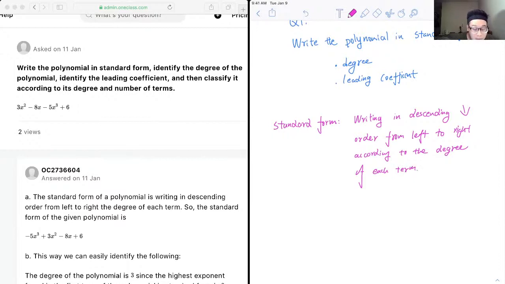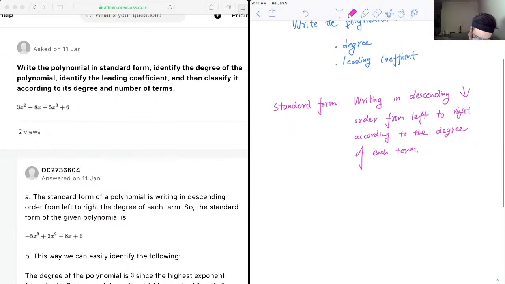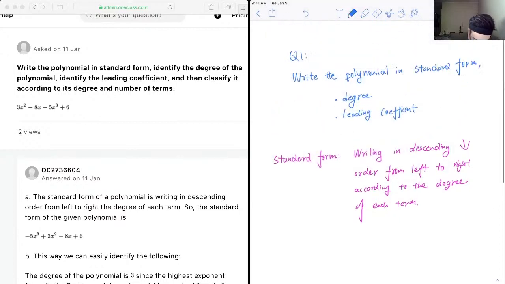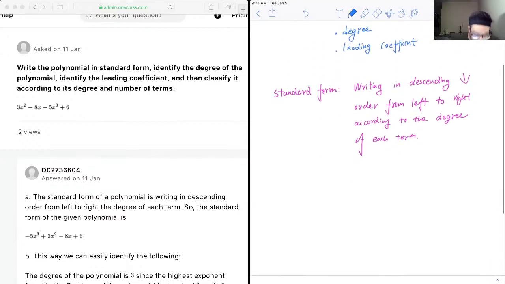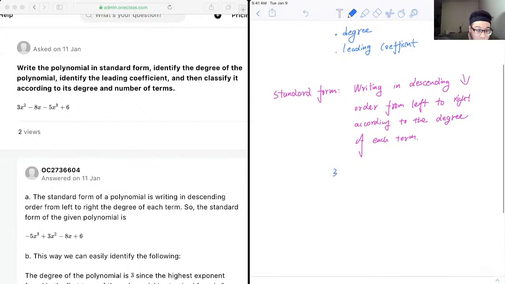Okay, so the polynomial is 3x squared minus 8x minus 5x cubed plus 6.